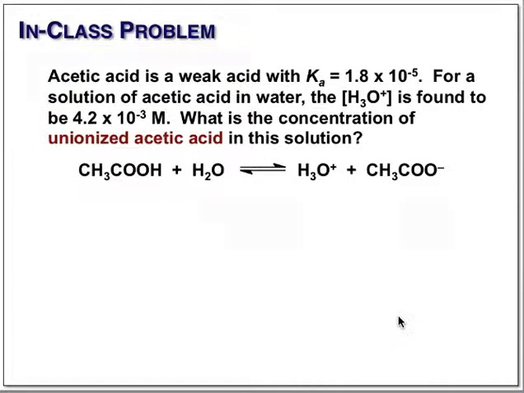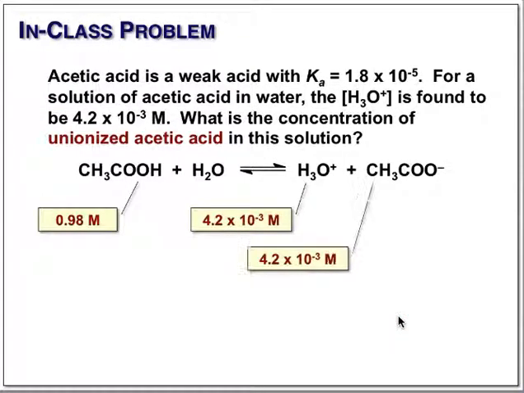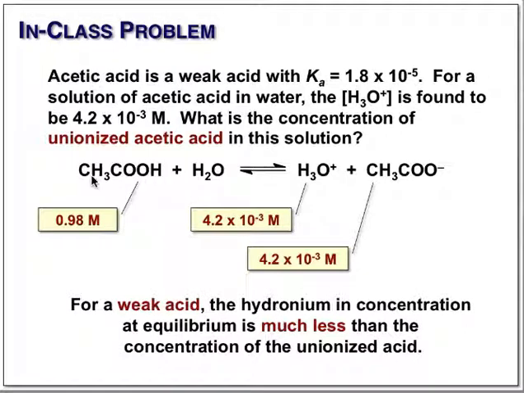So what have we proved here? In this calculation, at equilibrium, we have 0.98 molar acetic acid and 4.2 times 10 to the minus 3 molar hydronium and acetate. Again, it is virtually entirely unionized.